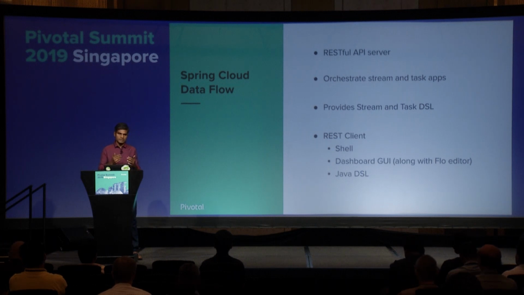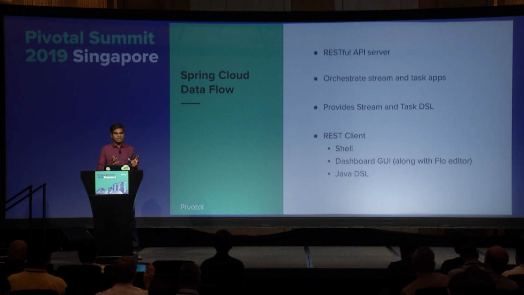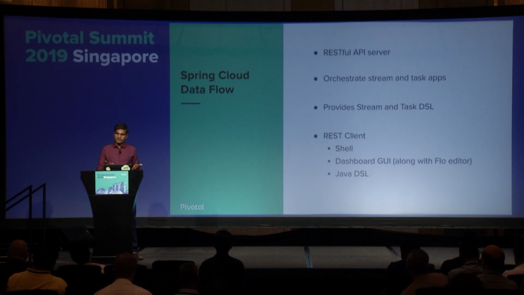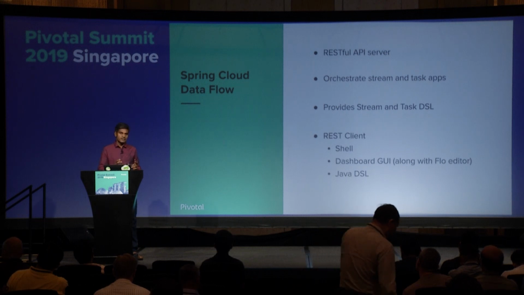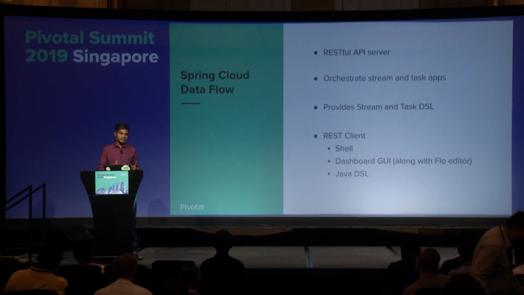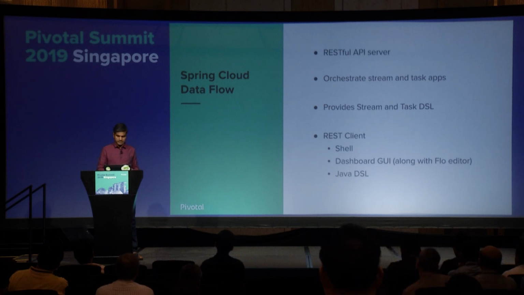As soon as this batch is complete, I'd like to trigger the stream. That's one of the reasons, but we would like to give users a single platform to manage their stream and task workloads. That's the reason we have Spring Cloud Data Flow acting as a single toolkit to manage both streams, the long-running applications, and tasks, the time-bound applications.